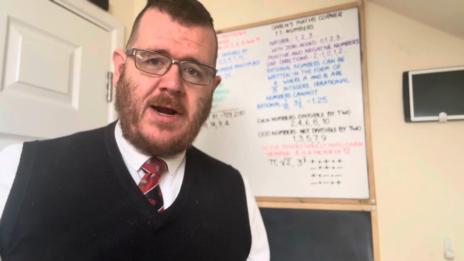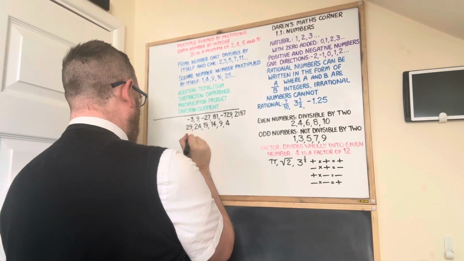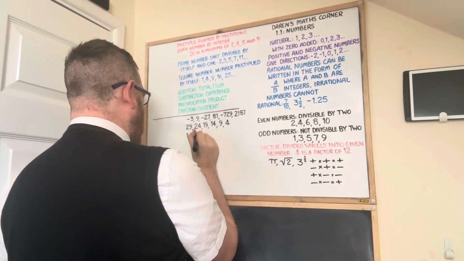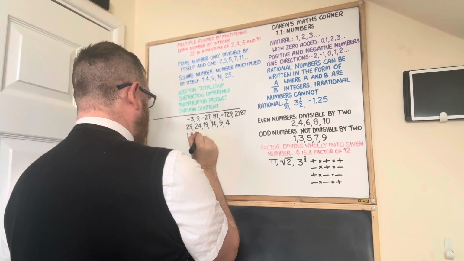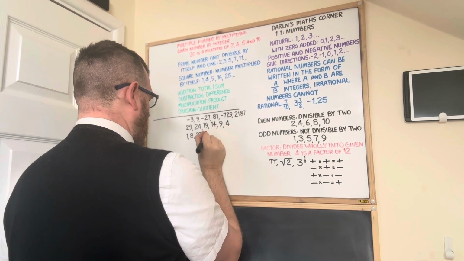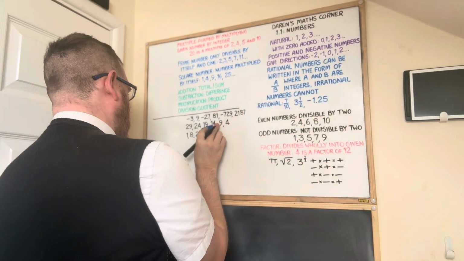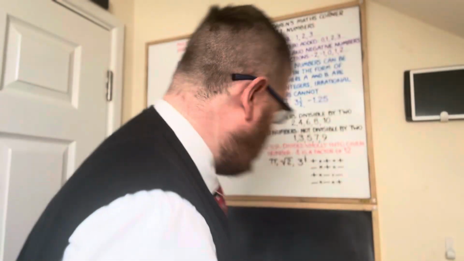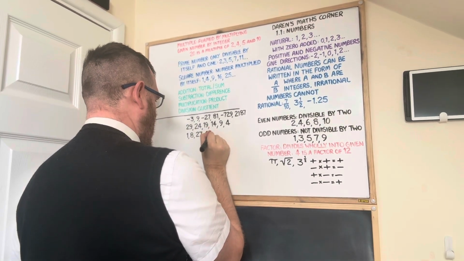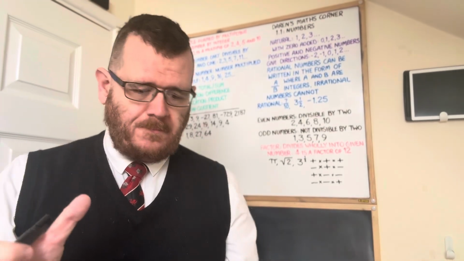The next one is an interesting one. We talked about square numbers, where each number is multiplied by itself.